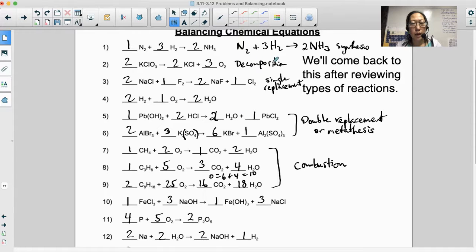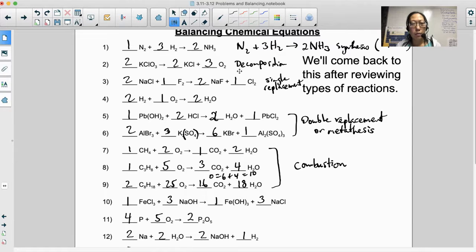We also talked a tiny bit about the types of reactions, and I've labeled a couple of these. For example, one is a synthesis because we have two substances coming together into one product. That's the defining characteristic of a synthesis reaction: one product.